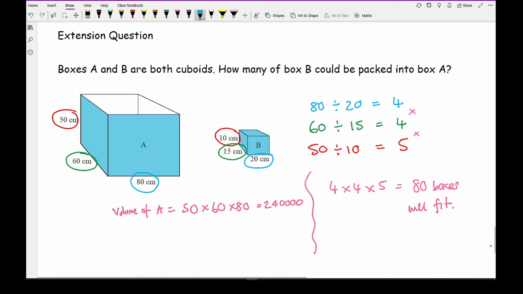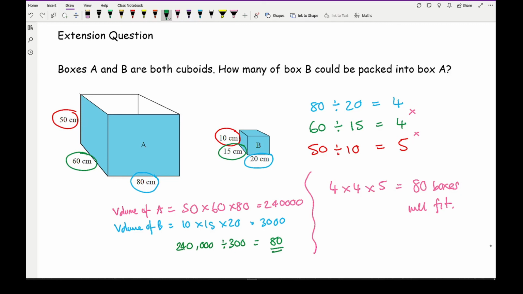And if I then do the volume of B, which is 10 times 15 times 20, which gives me an answer of 3,000. And then if I divide the two numbers, 240,000 divided by 3,000, it would give me the correct answer of 80. Basically what this states is that there'll be no empty gaps in this particular box.